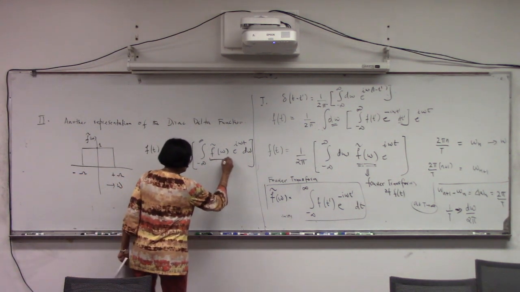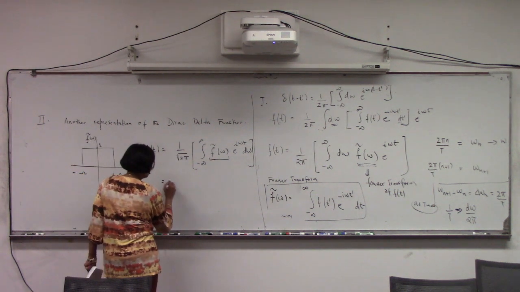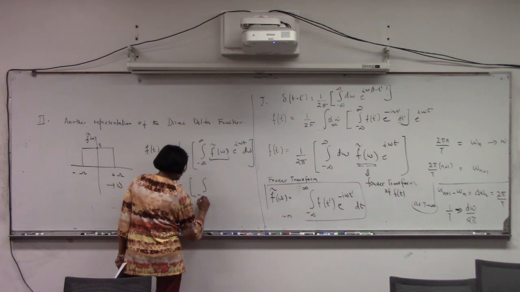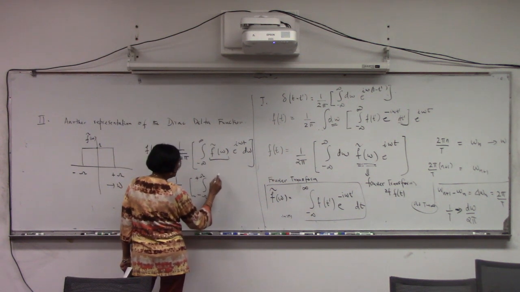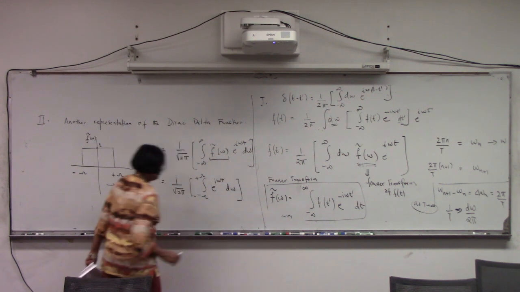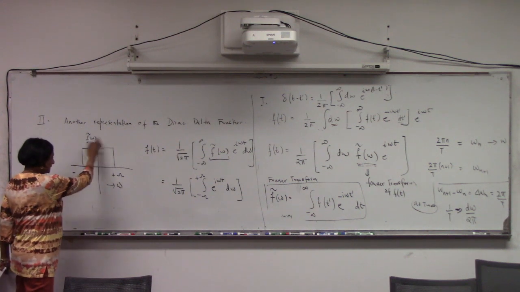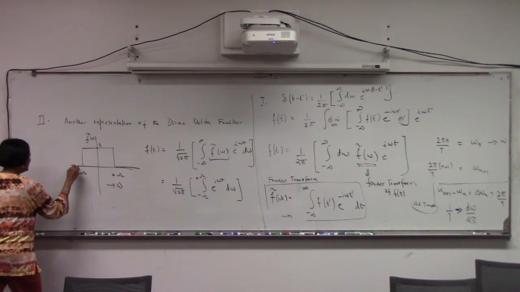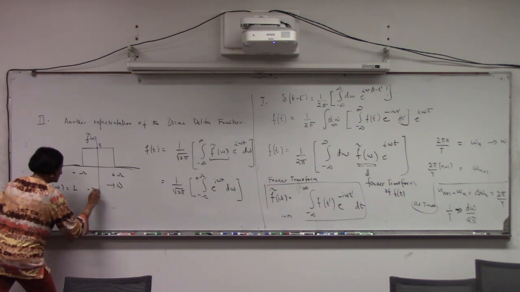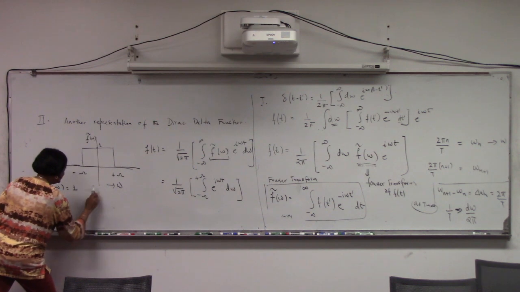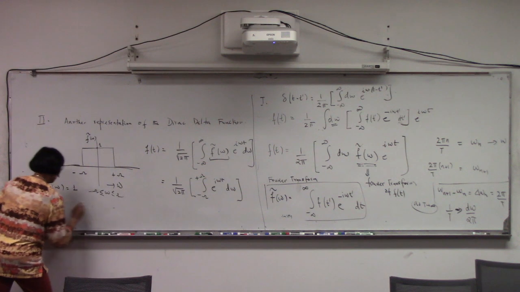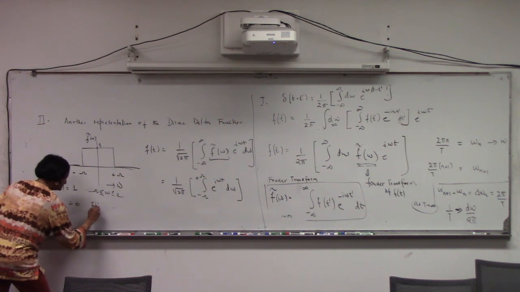Since this is equal to 1 in this space, this looks like nothing but 1 over square root of 2 pi, integral from minus omega to plus omega of exponential of i omega t d omega, right? Because everywhere else it is 0. So this function f tilde omega is 1 in this domain, minus omega less than omega, and is equal to 0 elsewhere.